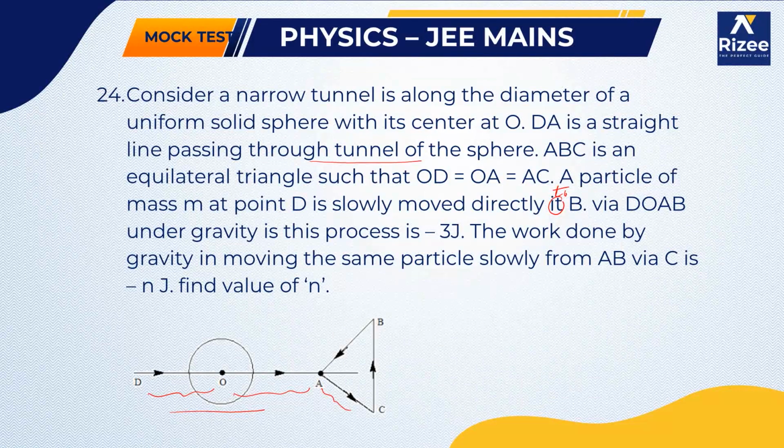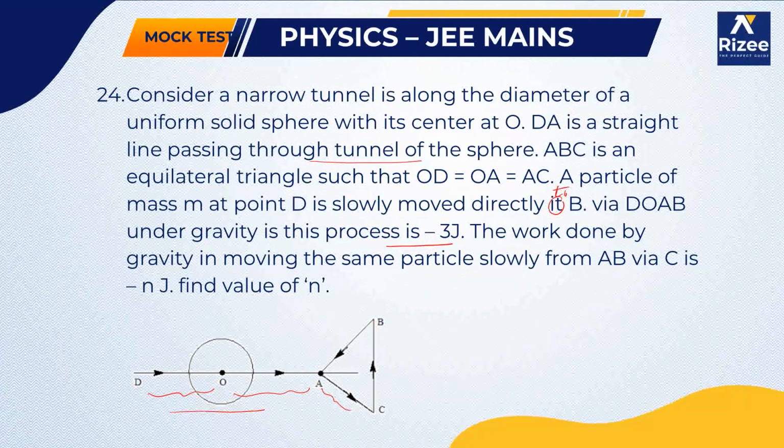In this process, minus 3 joules of work is done by gravity. The work done by gravity in moving the same particle slowly from A to B via C is minus n joules. So he is asking what n joules is going to be.